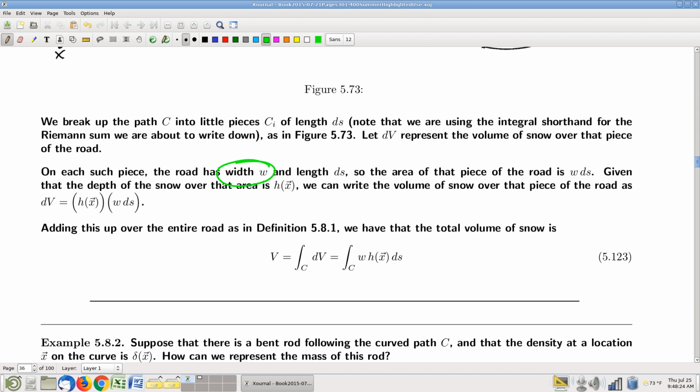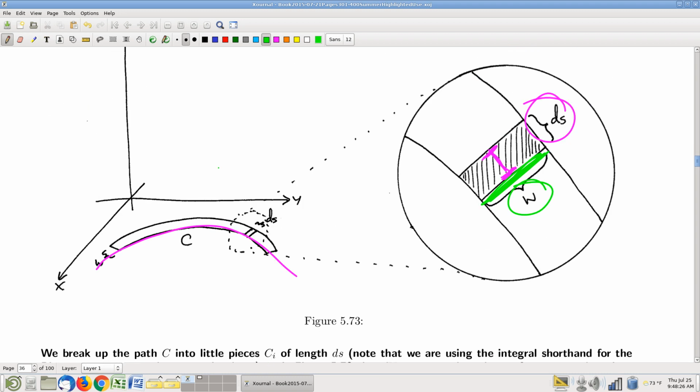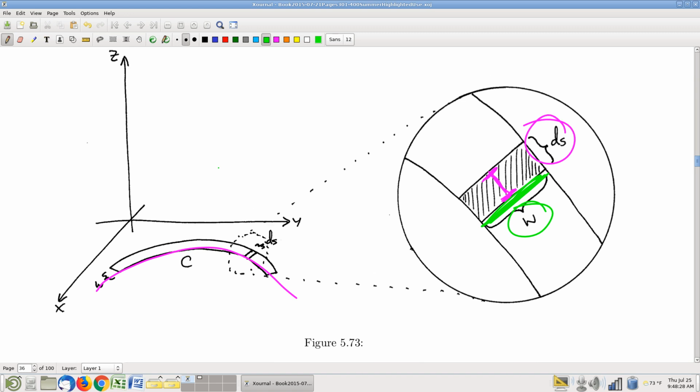Whatever, the point is it's in there. And then I've got to multiply that by height. Well, again, the height is some value. Here's the snow sitting over that piece of the driveway, and this h is known. It is a function of location x and y.